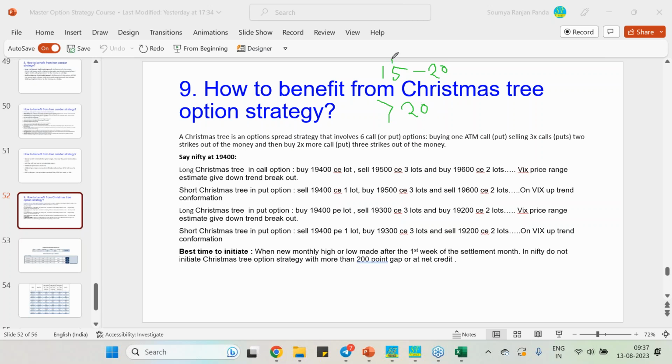As I said to you, whenever 15 to 20% volatility or VIX is there, you should implement the strategies with at least one component for the range bound market. You will be aggressively writing many options. Aggressive writing of options or aggressive adjustment is required when your volatility or VIX is at 15 to 20%.